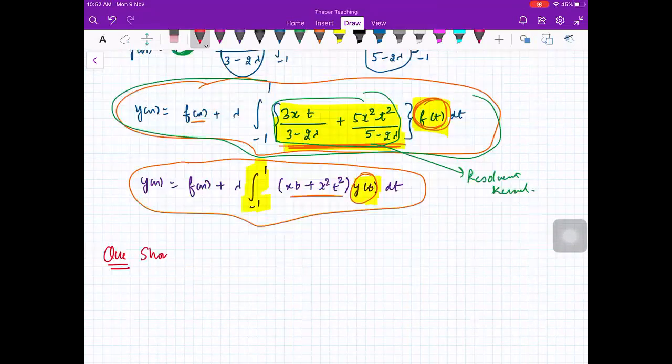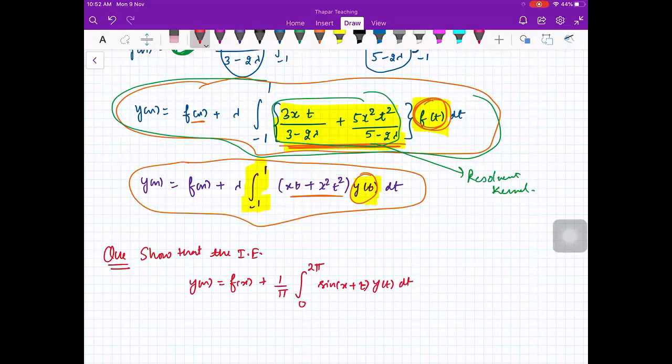We have this question. Show that the integral equation y of x is equal to f of x plus 1 by pi times the integral from 0 to 2 pi of sin(x plus t) y(t) dt possesses no solution for f of x is equal to x, but has infinitely many solutions for f of x is equal to 1.